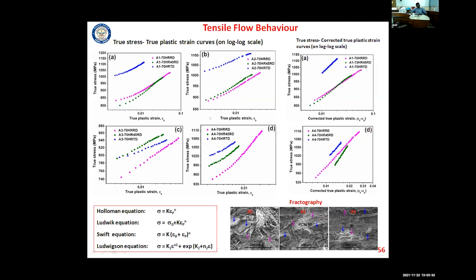That is very important for studying the formability of the material, so we fitted all these curves to obtain the small n value.